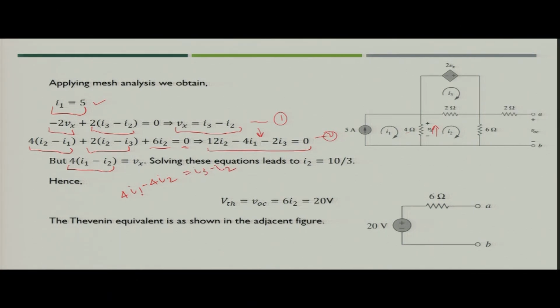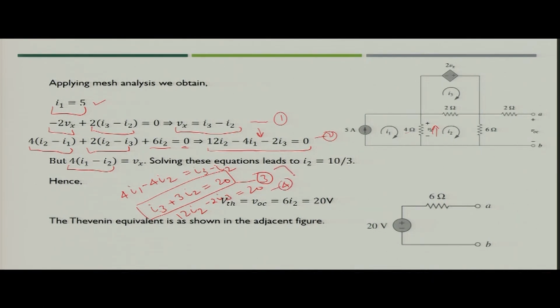I1 you know is 5. So this will become I3 plus 3 I2 is equal to 20. This gives another equation only in terms of I3 and I2. You put the value of I1 here, and you get 12 I2 minus 2 I3 is equal to 20.